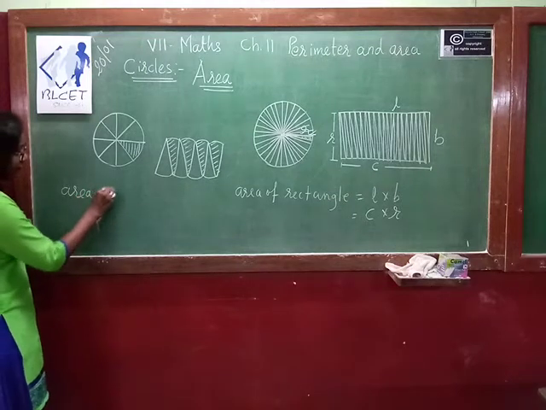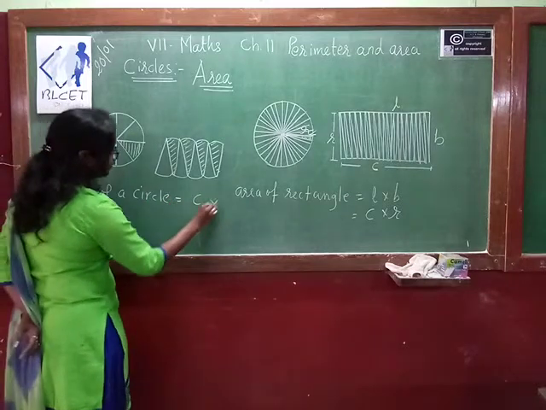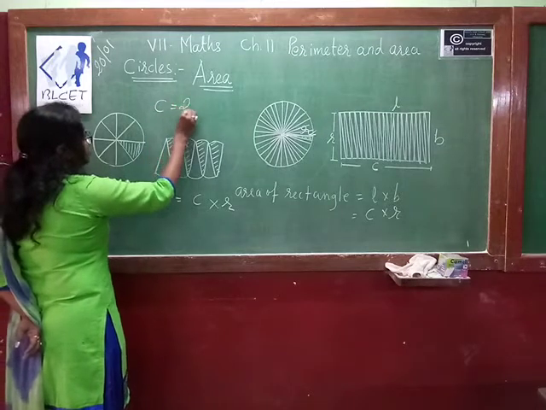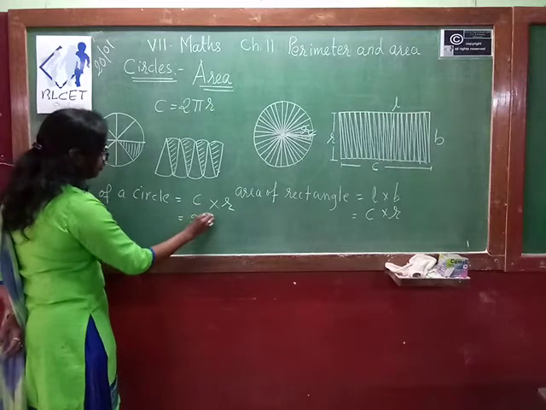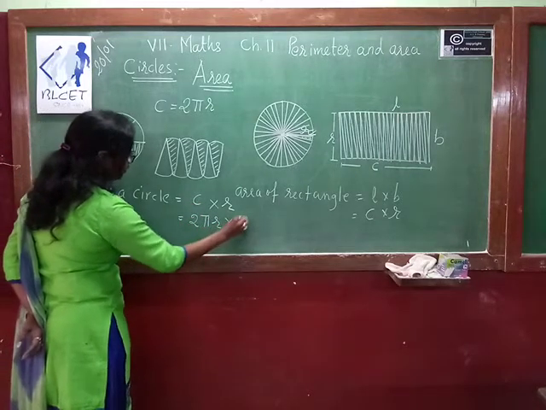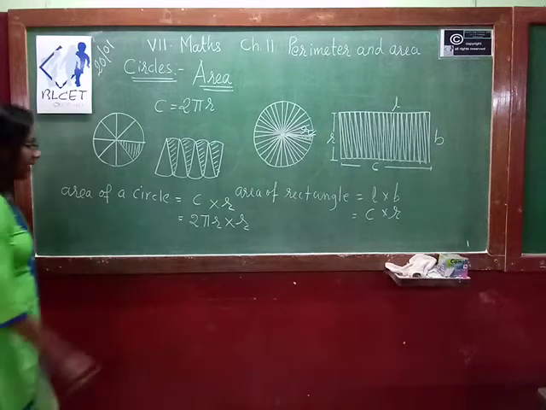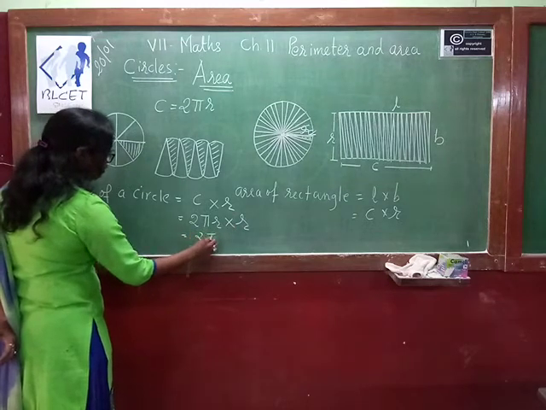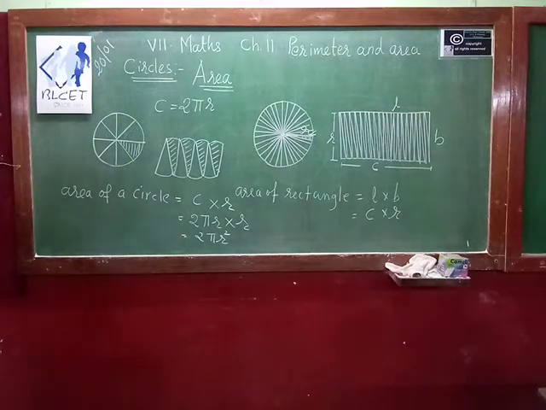Area of a circle, we get C into R. But previously we have derived that C is equal to 2 pi R. So substitute the value: C is equal to 2 pi R, into R. In place of C we have written 2 pi R. So now 2 pi R into R, what is the answer? 2 pi R square. But we know what is the area of a circle?